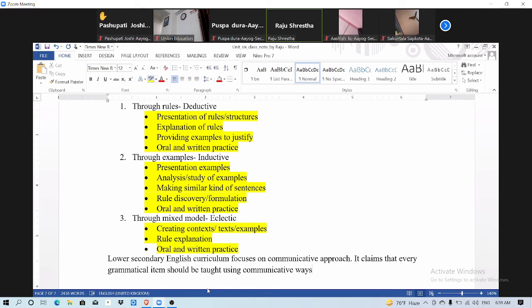Select one grammar area and present, or prepare a lesson plan, how do you teach that grammatical item inductively to the lower secondary level students.